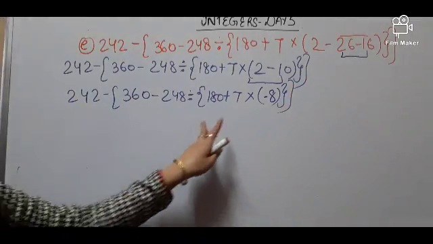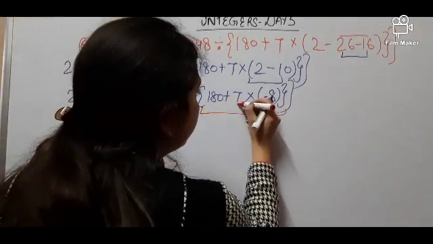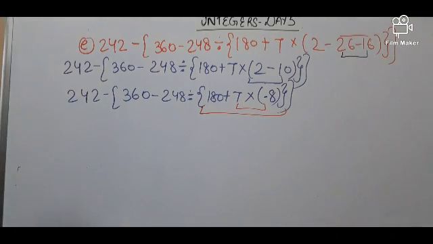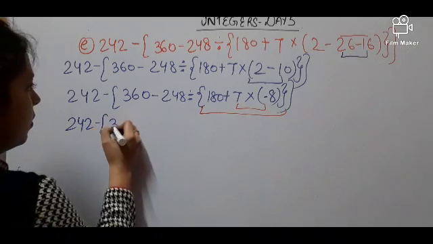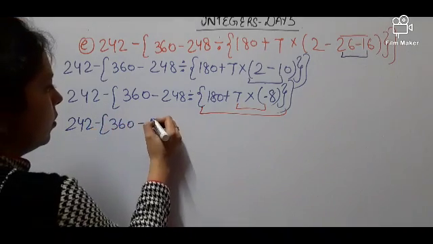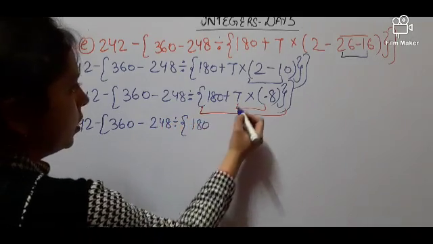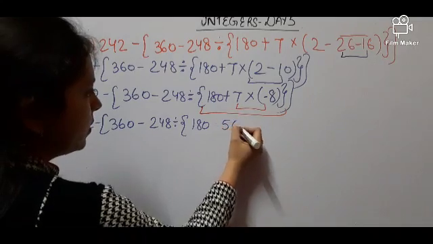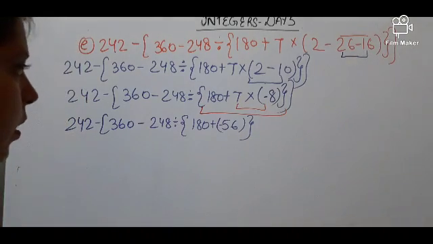Now we will solve the curly bracket. In the curly bracket I will solve this multiplication first. 7 times 8 is 56, and negative 56 will be the answer.